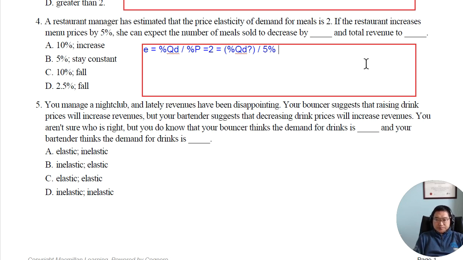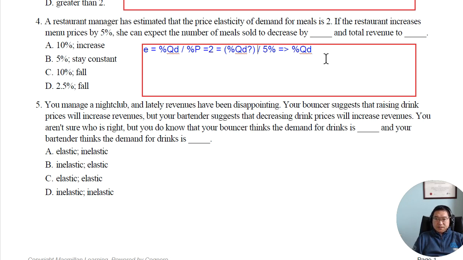So to solve, this one is what I'm interested in. I will just carry it over. What I'm going to do is multiply both sides of this equation by 5%.